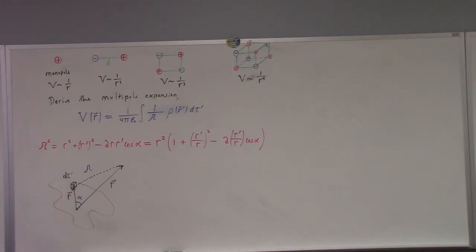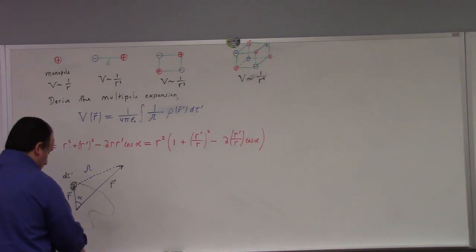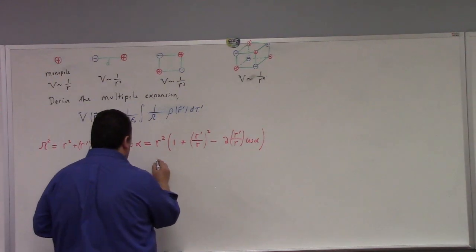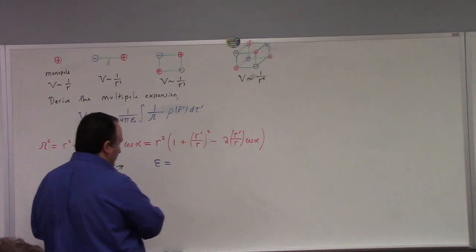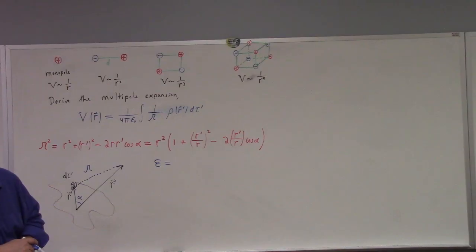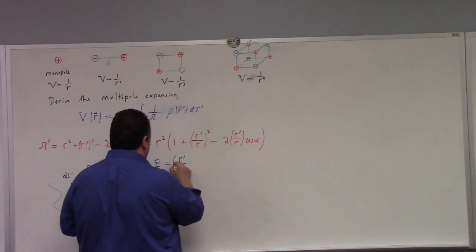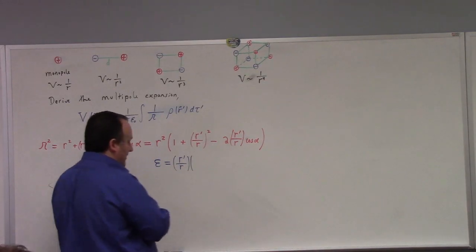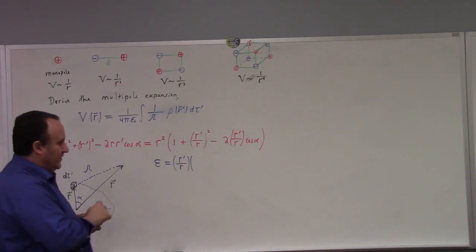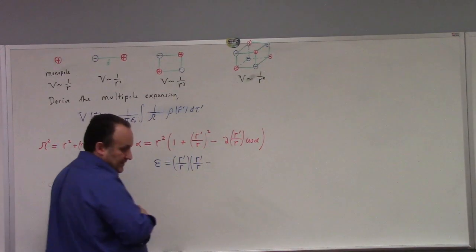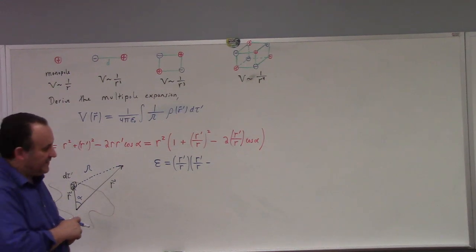And so at this point, he introduces a simplifying notation, which is he lets epsilon be the following. It's going to be r prime over r times r prime over r minus 2 cos alpha.